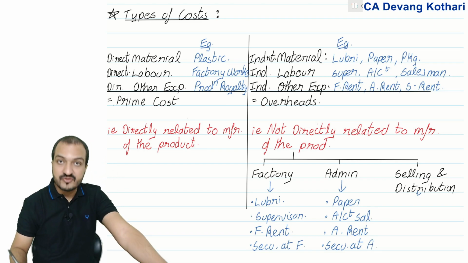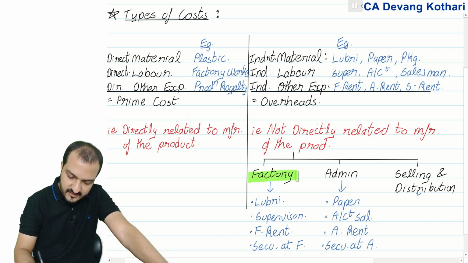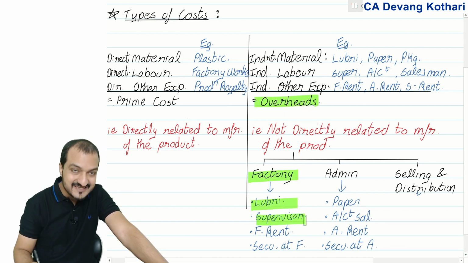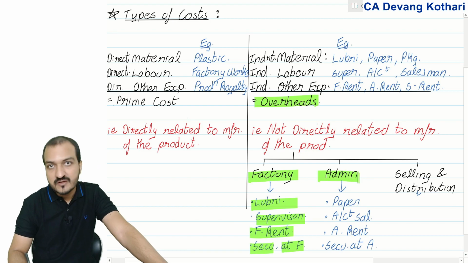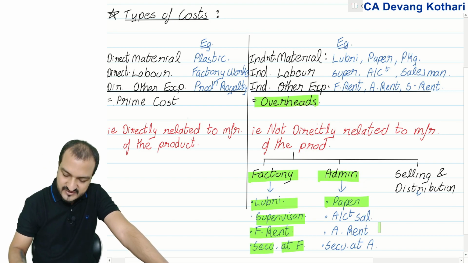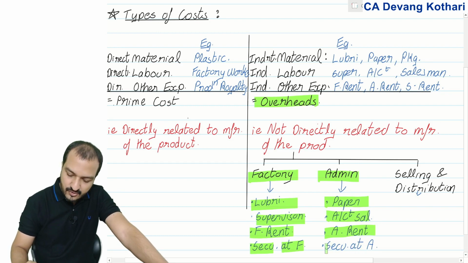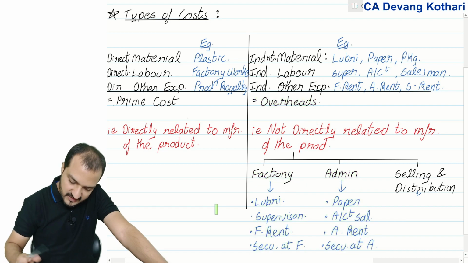I want you to note down the examples like this. Factory overheads. Example, lubricants used in the machine, supervisor salary, factory rent that you pay, or security guard at the factory. Admin overheads. Example, paper used in the office, accountant salary, admin office rent, or security guard at the admin office. And selling overheads.